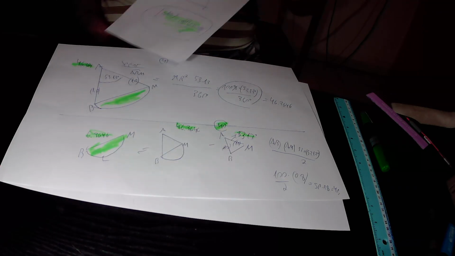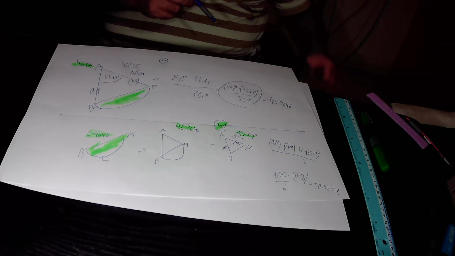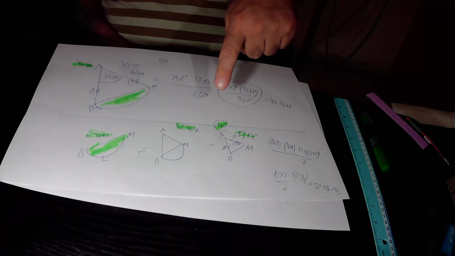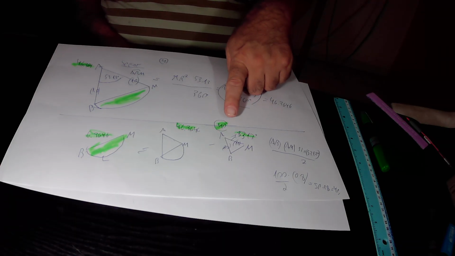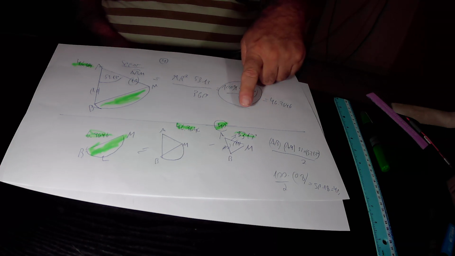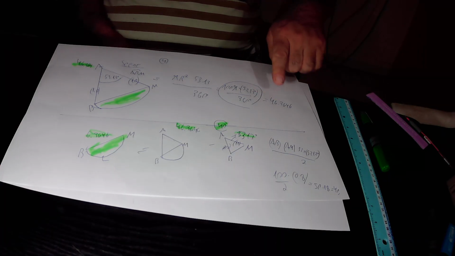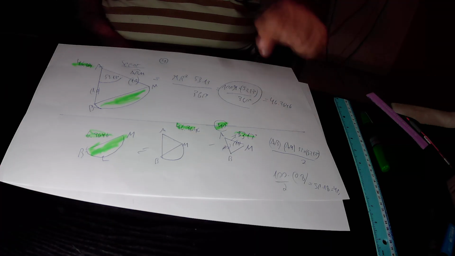We use the new formula in order to find the area of this triangle ABM. According to the new formula, the area of this triangle ABM will be equal to AB times AM times sine of the angle between the two sides, 53.13 degrees, over 2.